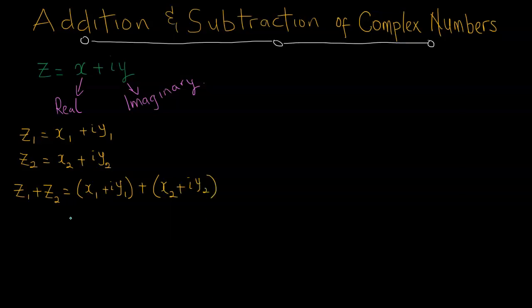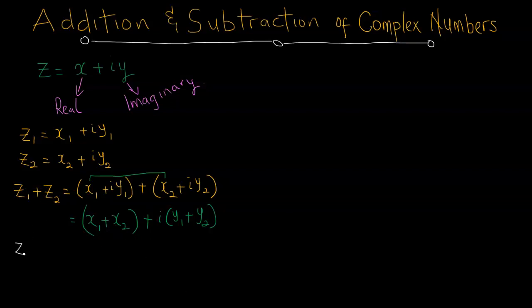Thus, the sum is the sum of the real parts, x1 plus x2, plus the sum of the imaginary parts. I is common because these are the imaginary parts, so i times y1 plus y2. This is how two complex numbers are added.